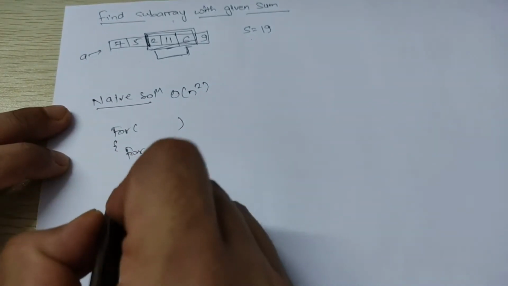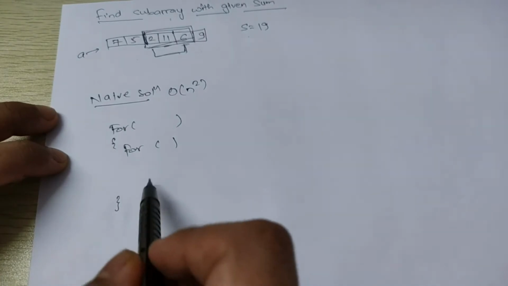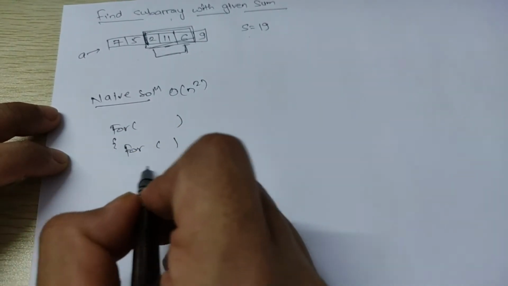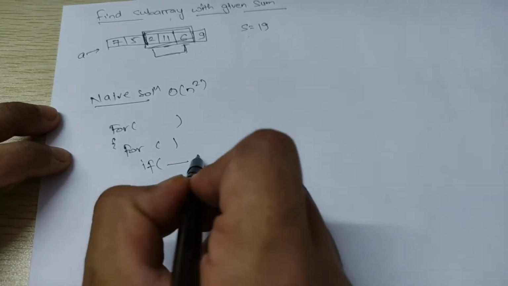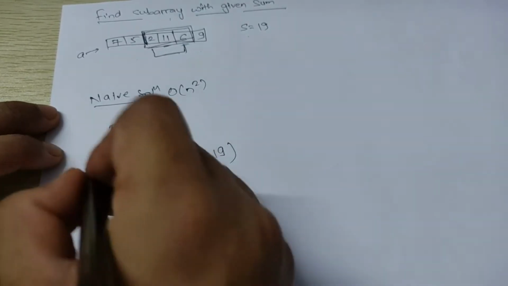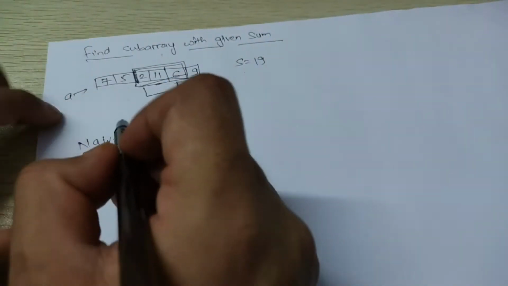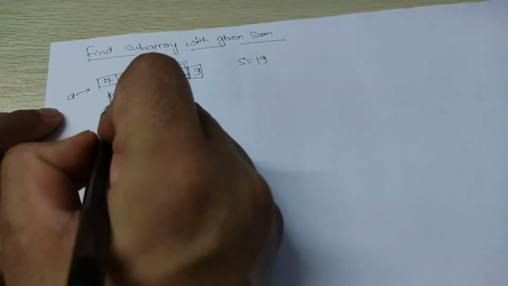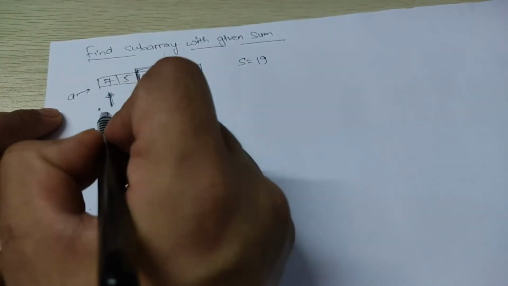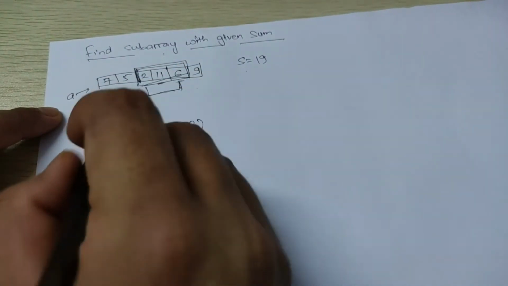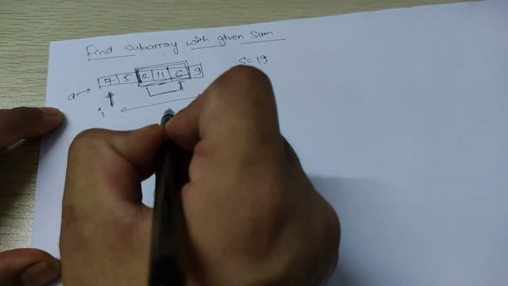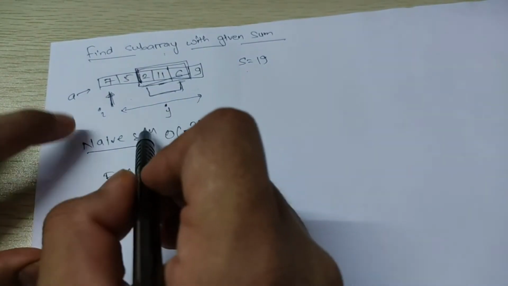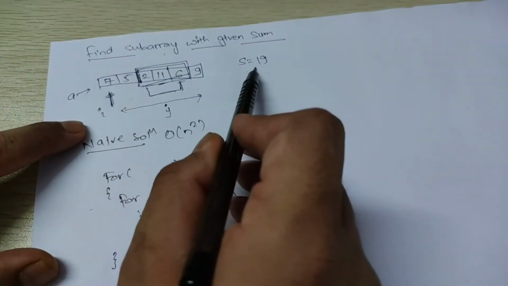You can do the nesting of loop and then you can add the values, and then you can check if the value is equal to 19 or not. Obviously this is not code, let's understand. Suppose this is our i. You can run j for this whole part, then you check whether the sum is equal to 19 or not.